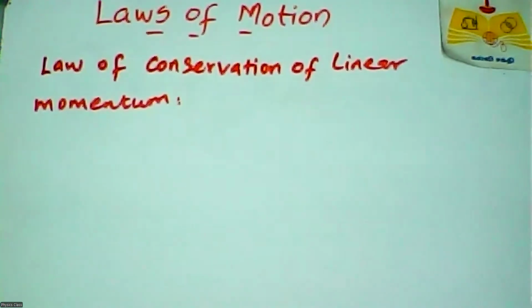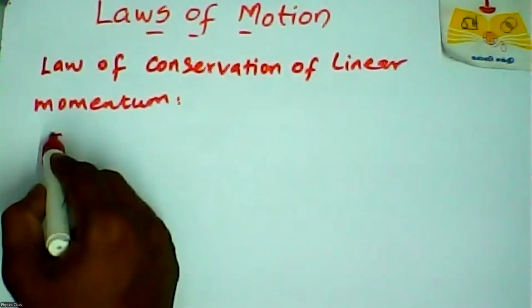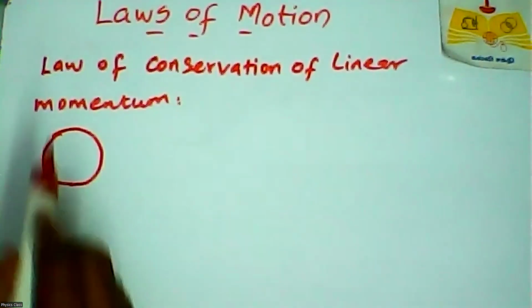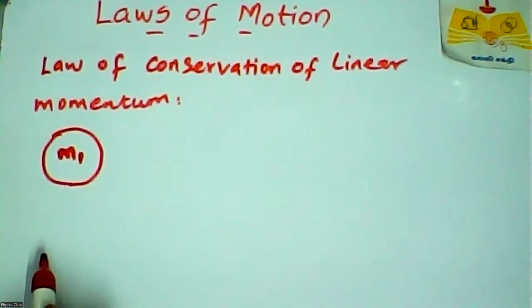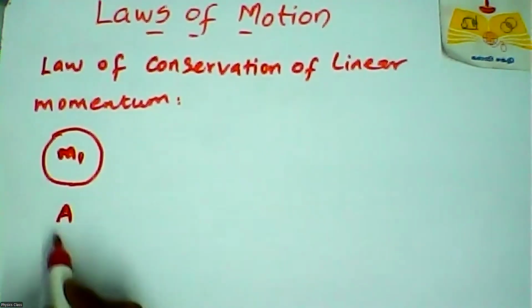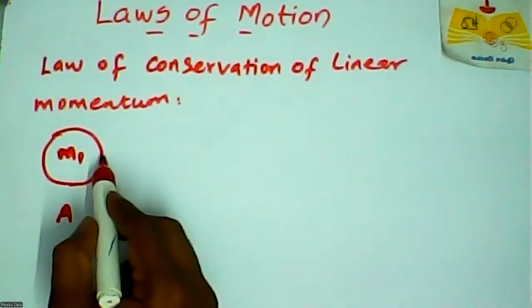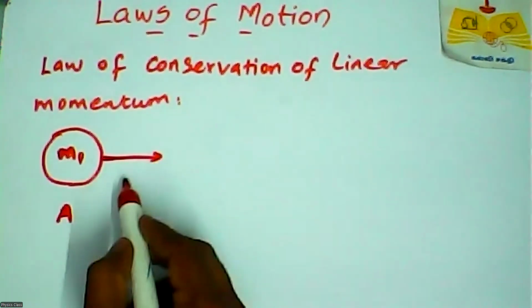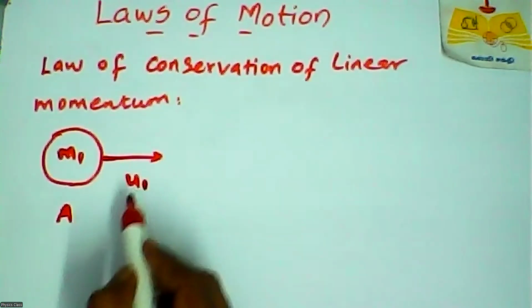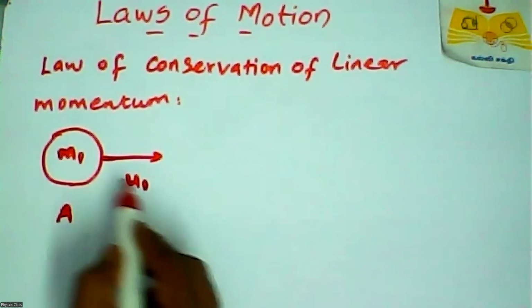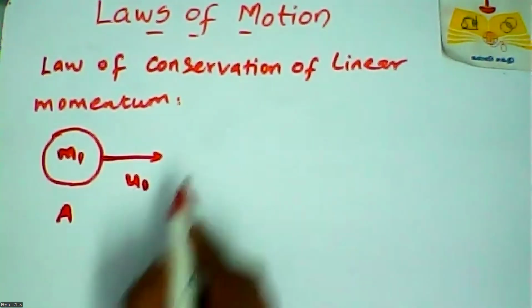Okay, this is the first object. It has mass m1. That object is known as A, which travels with some velocity, that is initial velocity, always denoted by u. So first object, initial velocity u1.